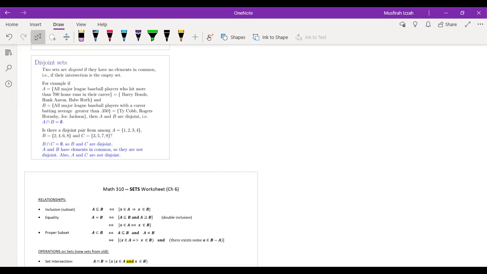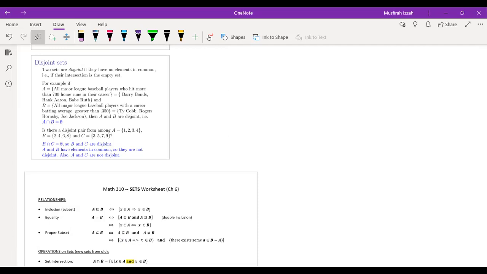For example, if A sama dengan all Major League Baseball players who hit more than 700 home runs in their career. Sama dengan Barry Bonds, Hank Aaron, Babe Ruth.